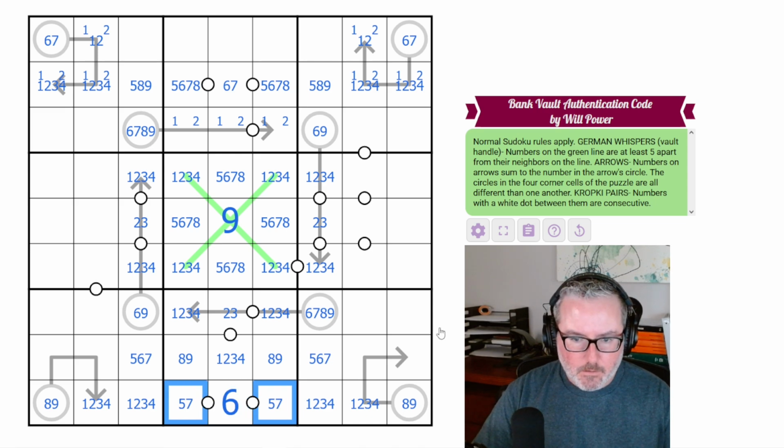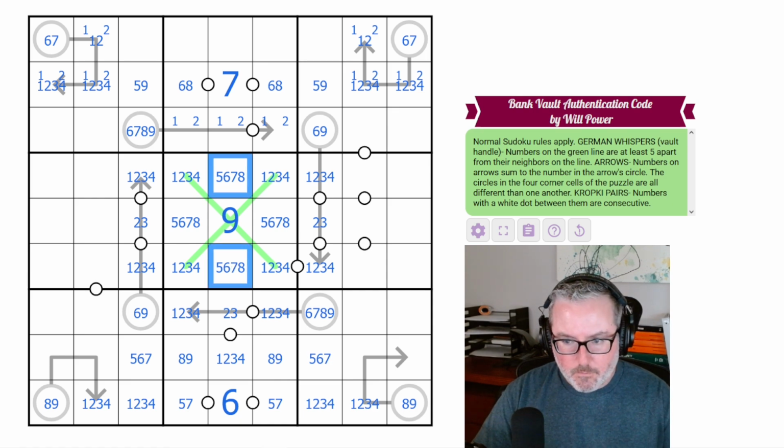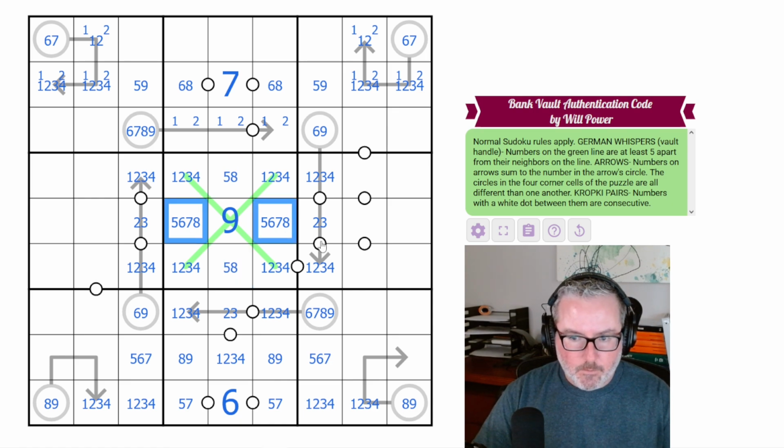I know it's been sitting there, but I don't think it really... Oh, it does actually do something, because this becomes a 7. Therefore, these don't have a 5 on them. So we get a 5, 9 pair. Now we can remove 6 and 7. Therefore, we can remove 5 and 8. Okay, that actually did do more than I thought it would, just taking a look at that guy.